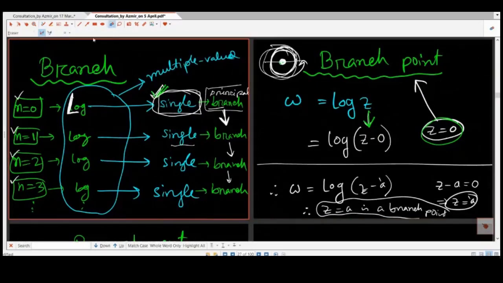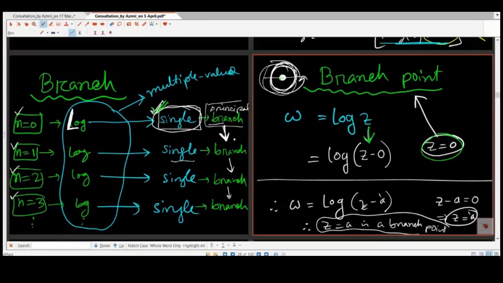Then only it is possible to avoid all branches. That means we will not make any rotation. Suppose we are starting from here, but we are not touching the starting point.